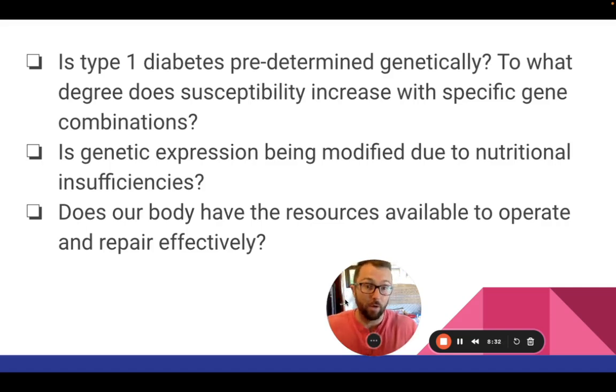And then if you were to break the genetic factor down, is genetic expression being modified due to nutritional insufficiencies? So food availability, raw materials in our body dictates gene expression. I always like to talk about the piano, right? Having genes is like having keys on a piano.